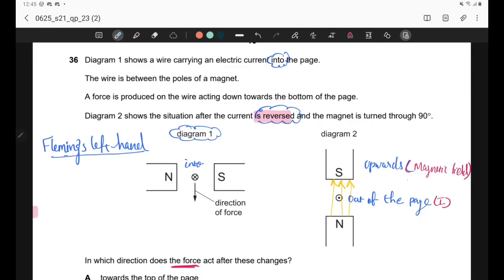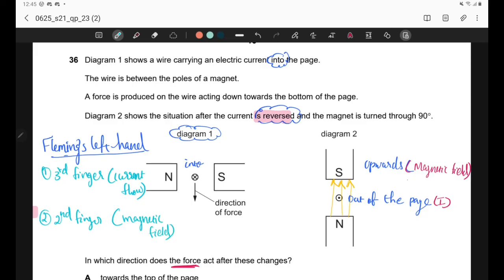When we use Fleming's left hand rule, we have to focus on three fingers. The first one is the third finger, that is the middle finger, which represents the current flow direction. So you should point your middle finger in the direction of the current flow, and the second finger or the index finger represents the magnetic field direction.